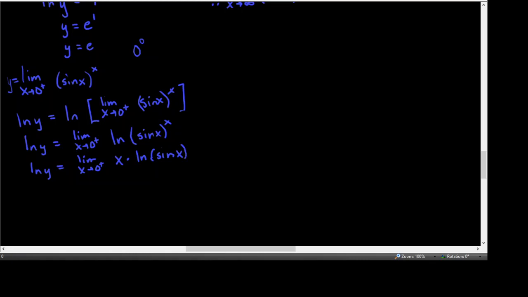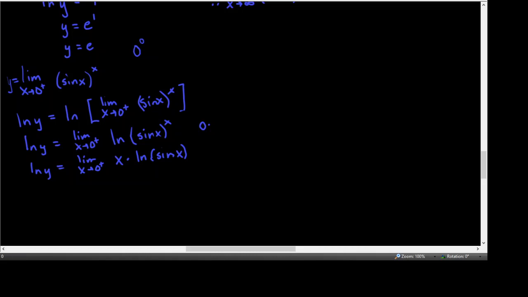As x approaches 0 from the right, we'll get 0 times the natural log of what's getting closer and closer to 0, but from the right side of 0, because we can't substitute 0 in, since we can't take the natural logarithm of 0.